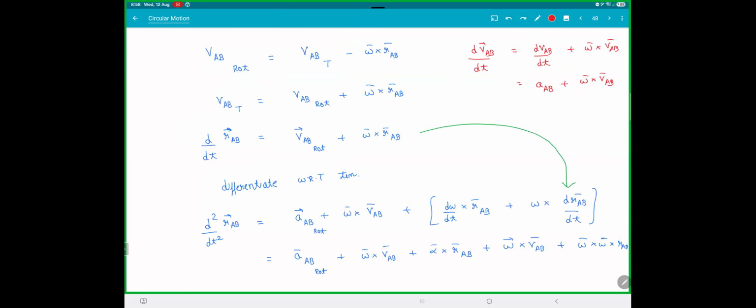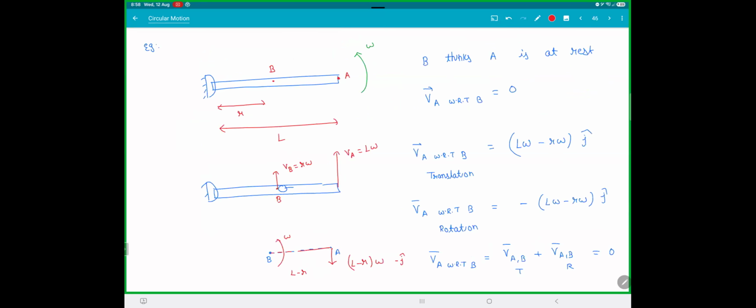Now, for that, the best example is this problem. If you look at this problem, if you ask B, what is A's velocity? If you just use translation, then the relative velocity is L omega minus R omega. But if you're standing at B and looking at A, you will think A was never moving. So how do you explain that? Your translatory relative velocity cannot explain this. That is because your B, when he's looking this way, when the rod rotates, even B's head is rotating.